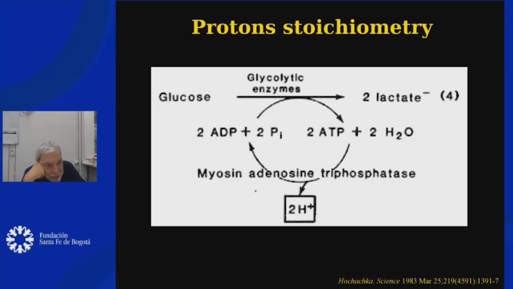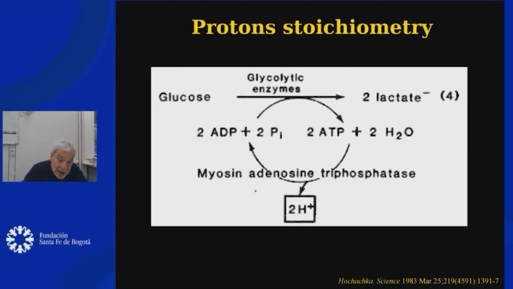Is that true? Because we have another possible view of the phenomenon. If we count the atoms of the glucose, we have 6 carbon atoms, 6 oxygen atoms, and 12 hydrogen atoms.